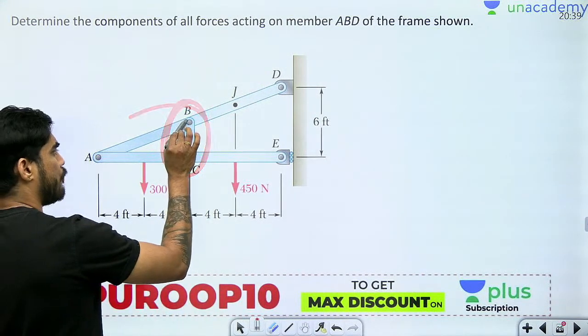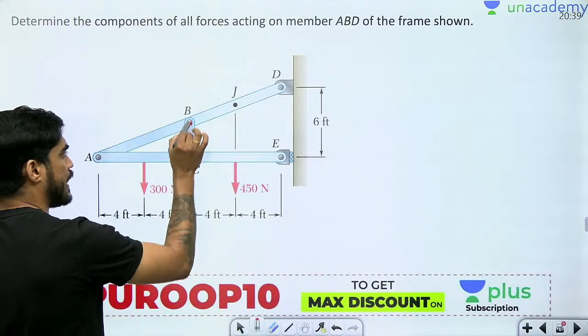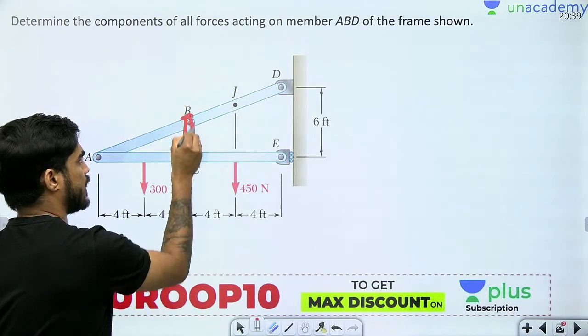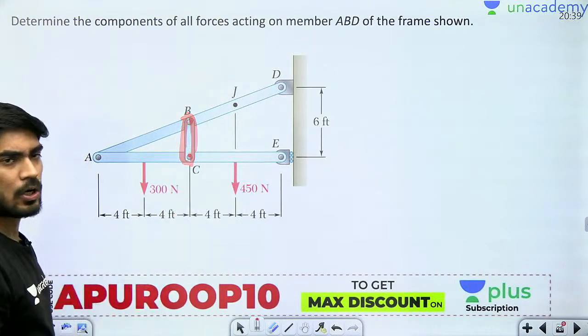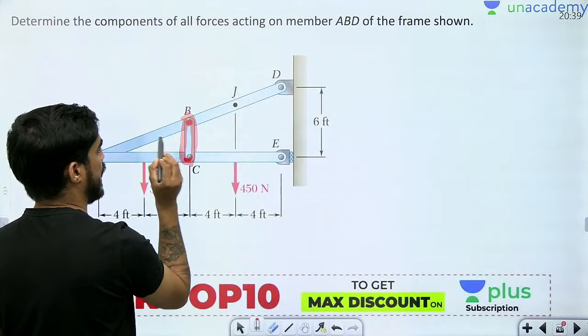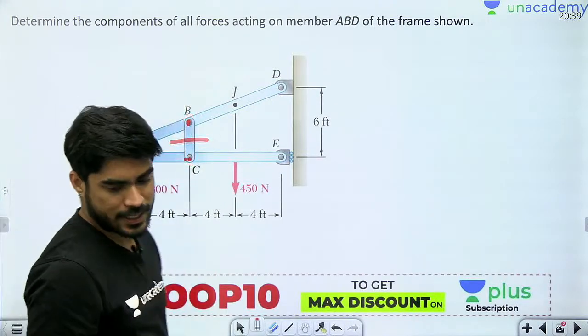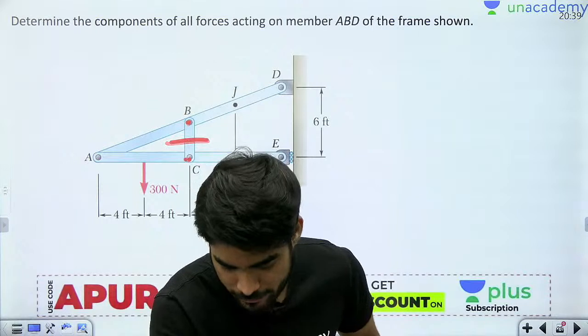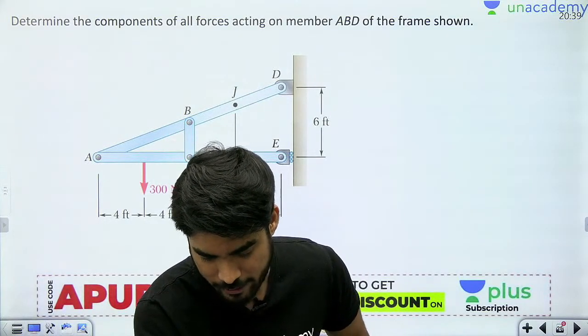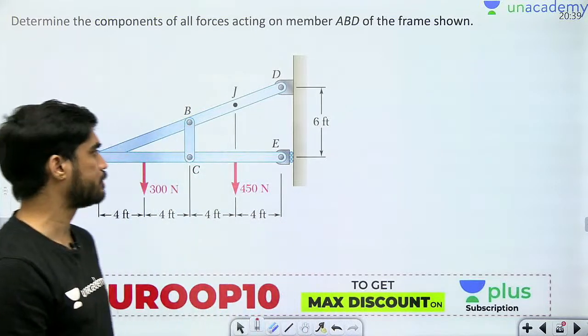Because there is no force between B and C and it is a straight member. एक तो ये straight member है और दूसरा ends के बीच में कोई दूसरा फोर्स नहीं है.